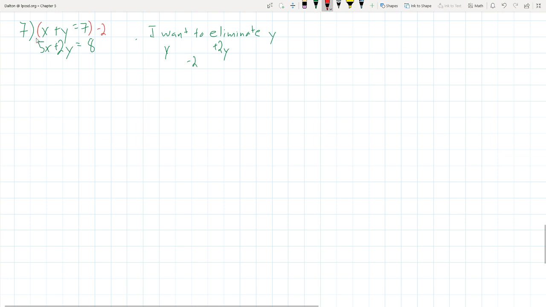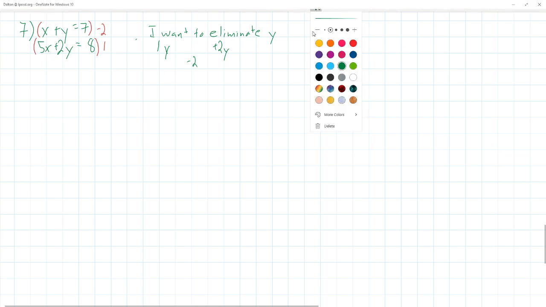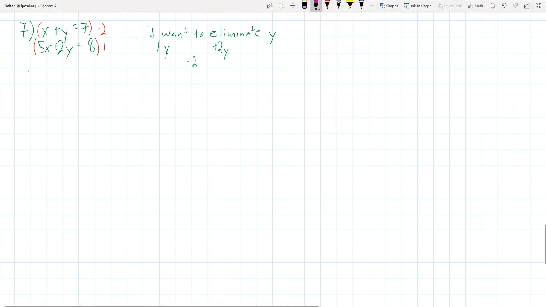Now invisibly, and the reason I'm putting this here is just so that you have it as a reference, I'm also multiplying the bottom by 1. And you can actually almost see that this is a 1. And so one of them is the opposite and one of them is the same. So when I rewrite this, let me just choose another color. I have negative 2x, minus 2y equals negative 14.